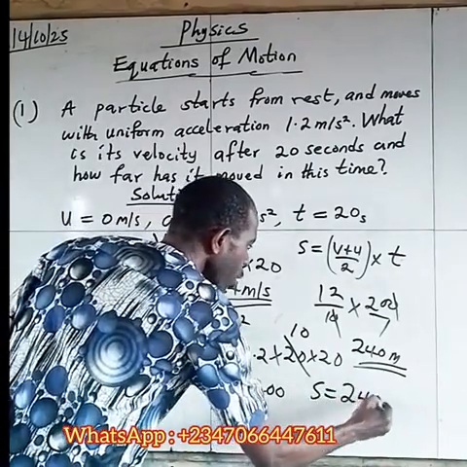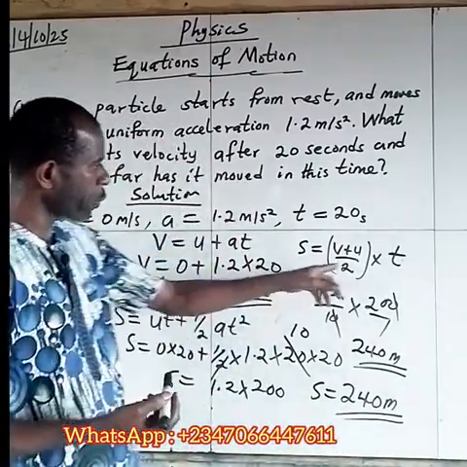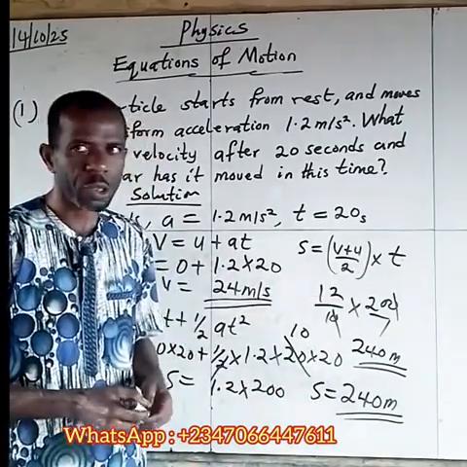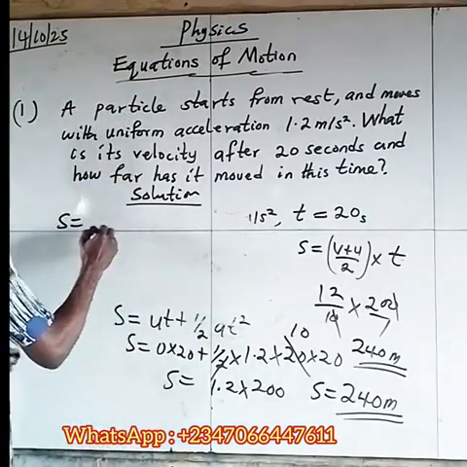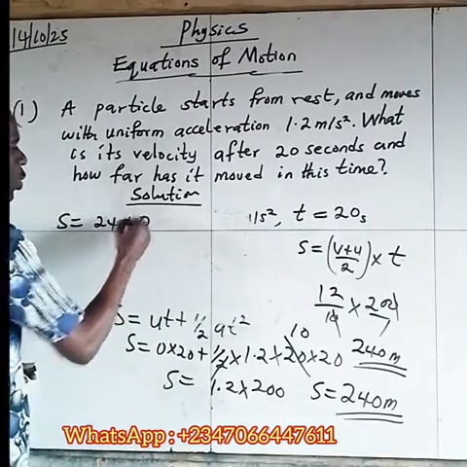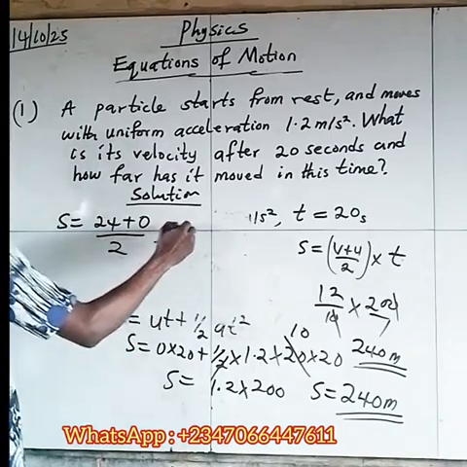Well, what if we decide to use the other formula that I stated earlier, this formula? Let us see if we are still going to obtain 240. Let's go. Okay, we have the final velocity, which is v plus u. u is 0, then divided by 2, times the time.